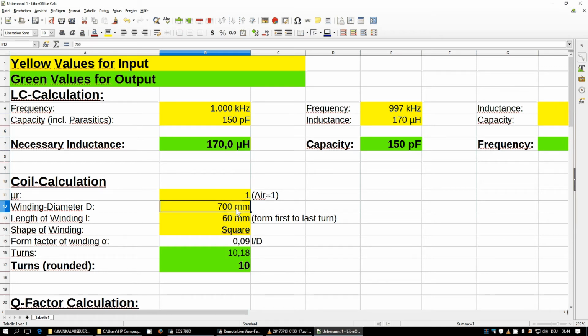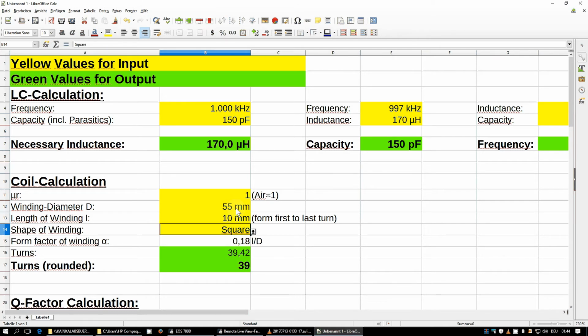So we set the winding diameter nearer to the outer diameter, so we made a guess at 55 millimeters. As length of the winding, we choose 10 millimeters, the difference of the radius from the inner to the outer end.